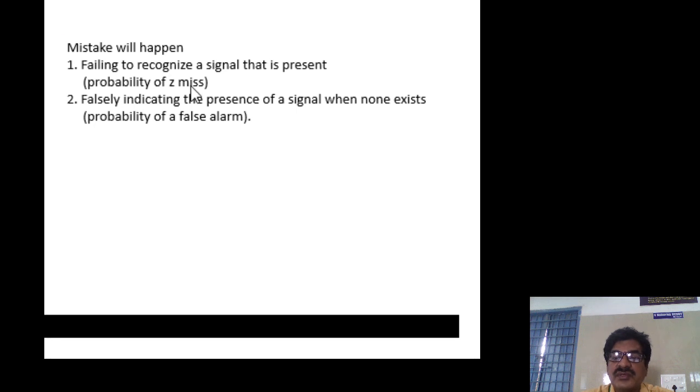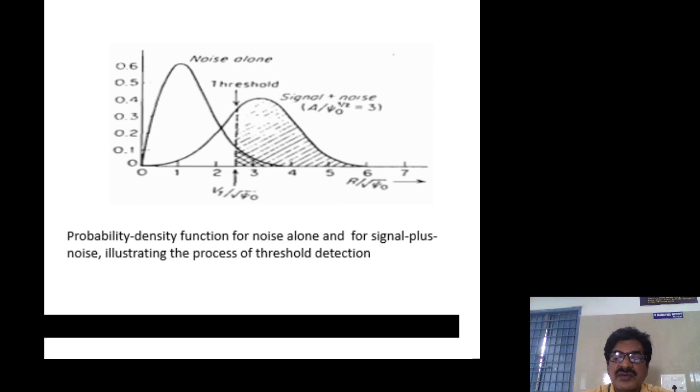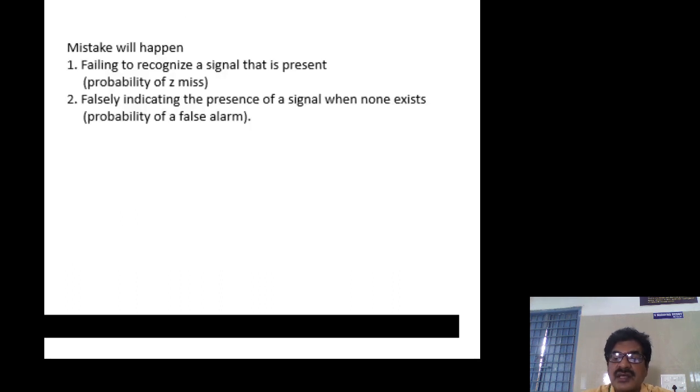These two happen based on the choice of threshold voltage level. One is referred to as the probability of a miss and the other is the probability of a false alarm.